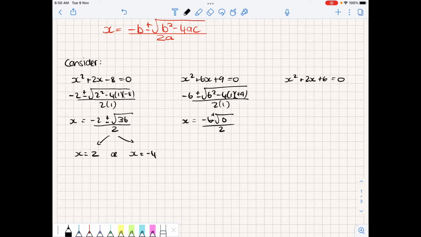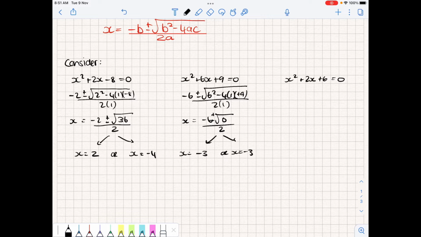Here again, we could technically consider the two possible solutions, because there's plus or minus the square root of 0, which is going to yield the same number. And so we're going to get two solutions at negative 3. So we'd have two equal roots, as we would say.